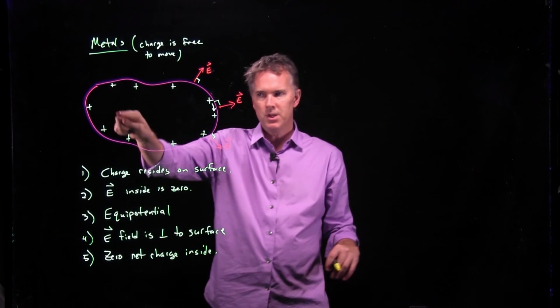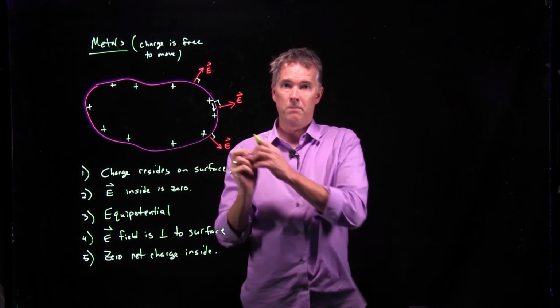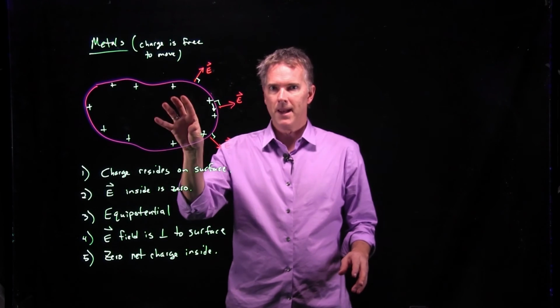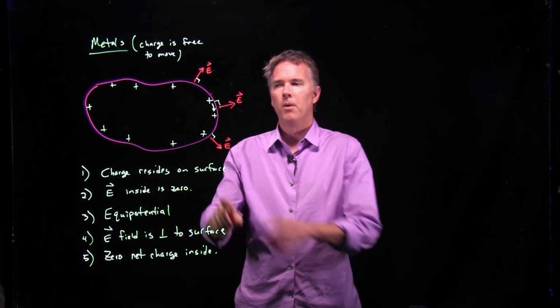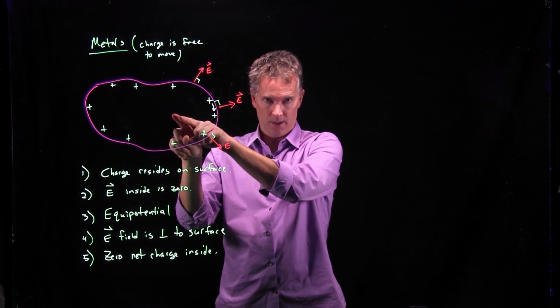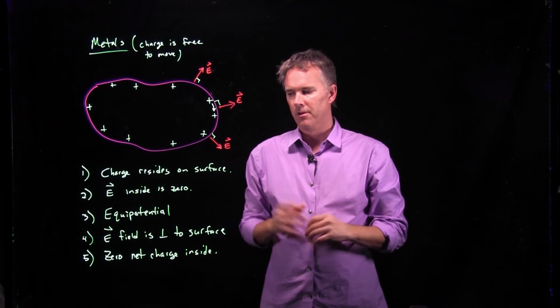In this region here, there is no charge. If there was charge, it would migrate out to the surface. Now, we know that a metal is made up of atoms, which have protons and electrons, but what we're saying is they all balance out perfectly evenly in the interior to give a net charge of 0.